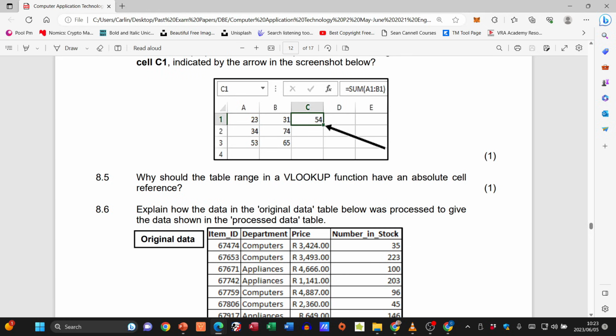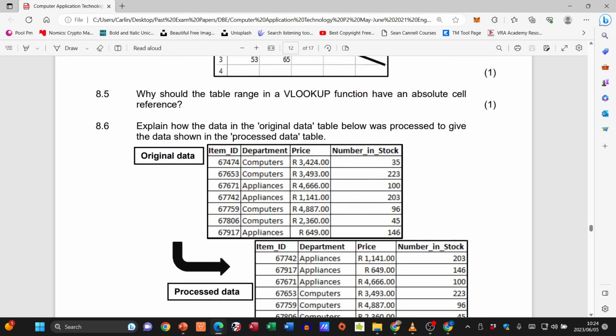We use that because we are referring to a particular cell so that when we copy it down, when we use this autofill feature, it doesn't change the reference to that cell. So in this scenario, we would say, when the VLOOKUP function is dragged down via autofill, when we copy and paste it, it will still refer to that particular table range. That's not going to change.